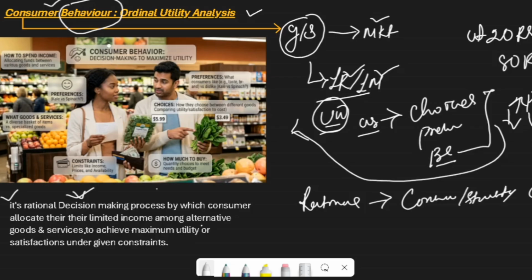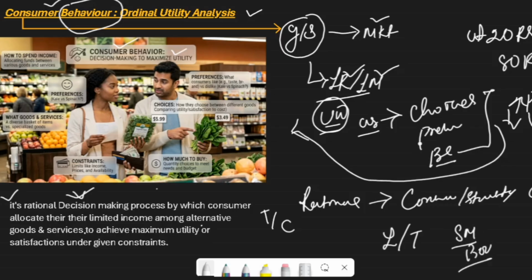So here we are talking about consumer behavior, basically the rational decision making process, due to the limited resources and income. Here we are talking about the preference, whether I am purchasing the tomato, the chair, the laptop, the tablet, the smartphone, or the books.